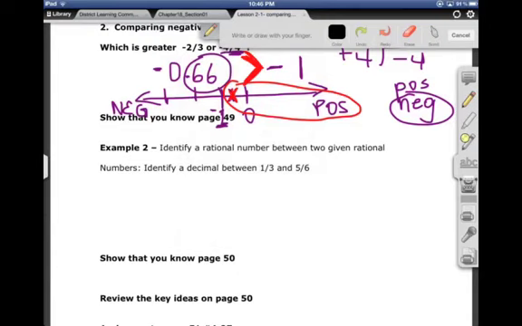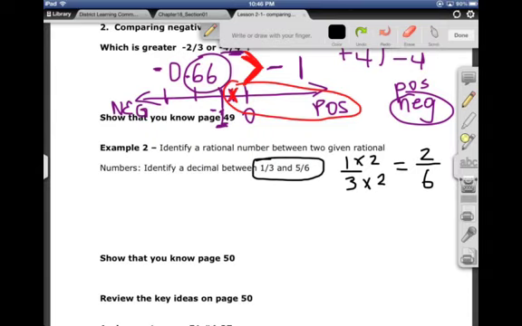Now, 1/3 and 5/6. If we're going to compare fractions, we have to make them equivalent. So first thing I'm doing, you have to multiply 3 times 2 to get it out of 6. If you look at it, you've got 2 out of 6. Well, you can get back to this value here if you divide 2 out of the top and the bottom.